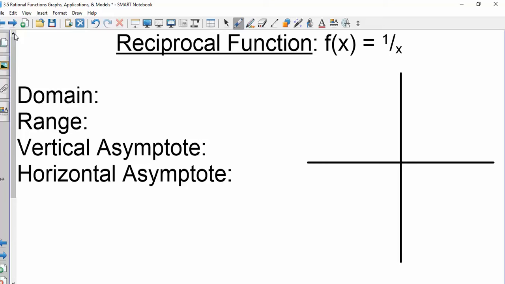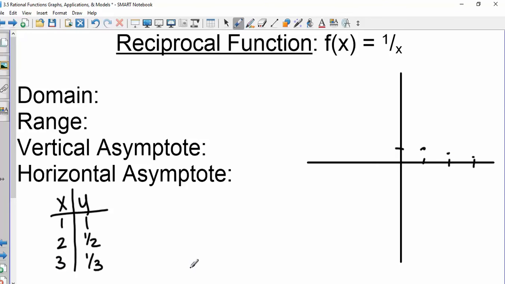Okay, so let's graph f of x equals 1 over x. If we don't know what a graph looks like, we can always make a t-chart. Can you plug in 0? No, it makes the bottom 0. If I put in 1, I get out 1. If I put in 2, I get 1/2. If I put in 3, I get 1/3.